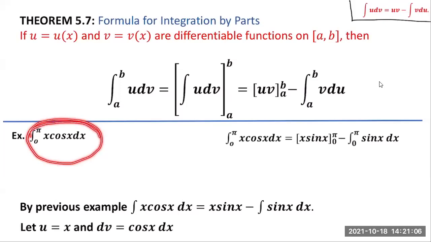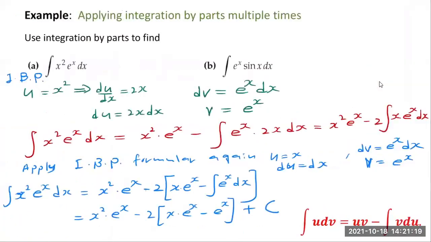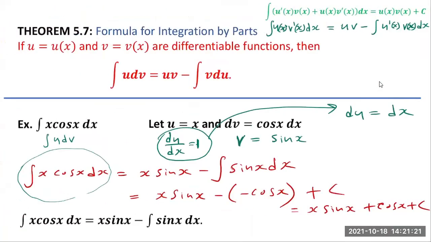Here is the example that I want to look at. How to find this definite integral: the definite integral from 0 to pi of x cosine x dx. Remember, we did this example using integration by parts at the beginning, and we saw that the indefinite integral of x cosine x is this particular expression, x sine x minus the integral of sine x dx.